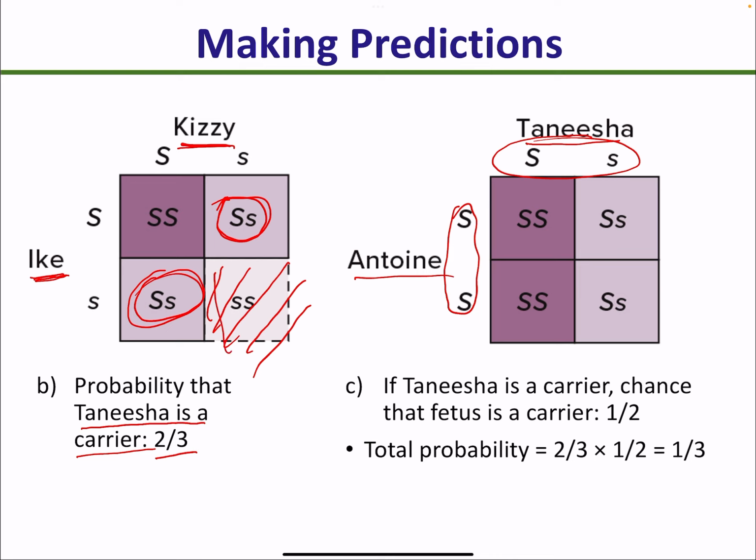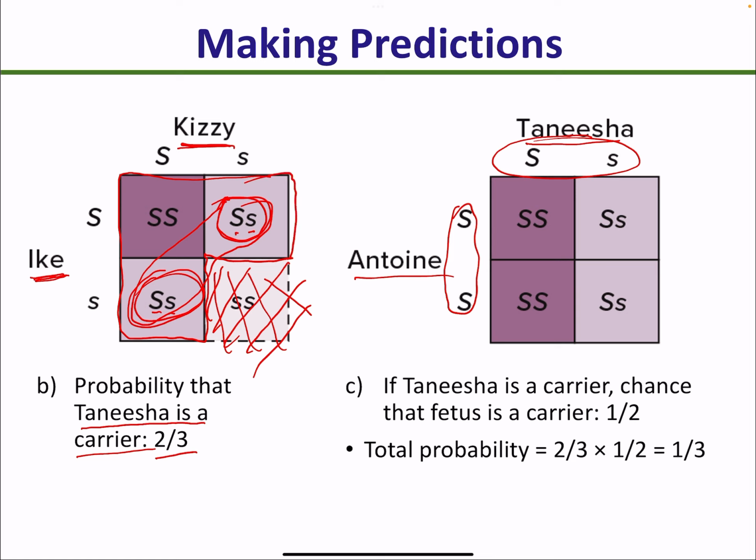Therefore, that chance is eliminated, right? And we are really saying that the probability of Tanisha being capital S, lowercase s, is 2 out of 3 possibilities here.